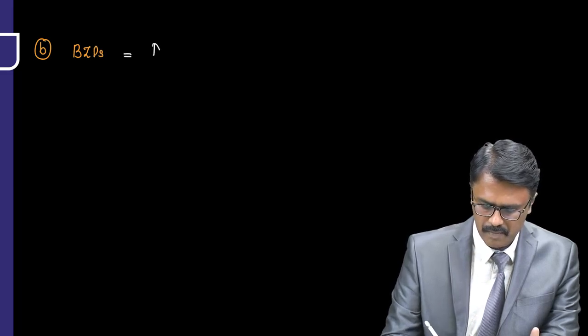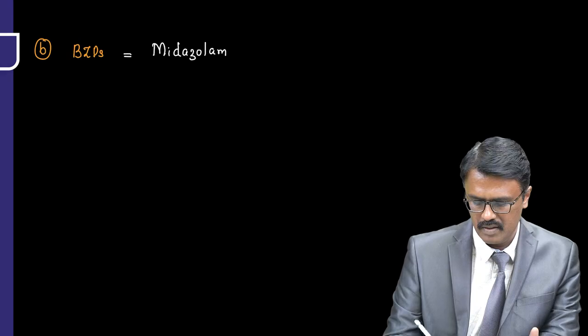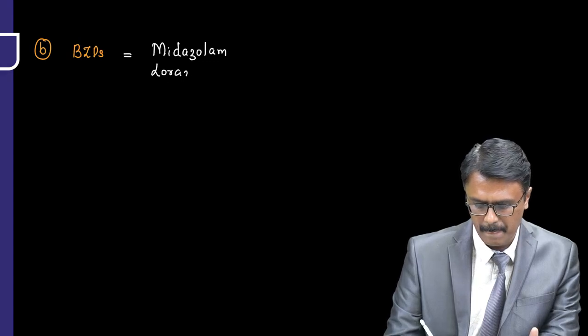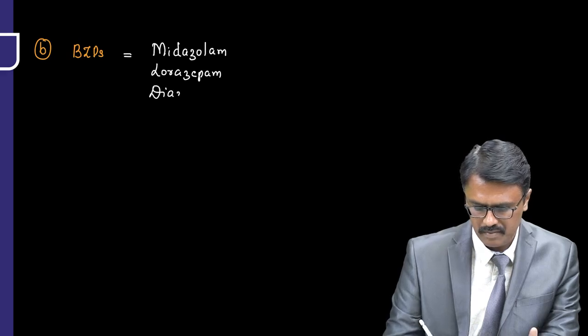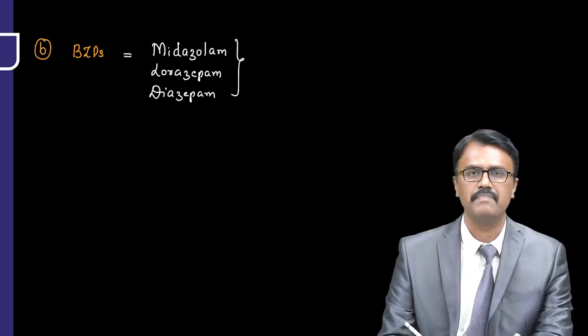Now moving on to the second group of drugs we are going to discuss, benzodiazepines. Benzodiazepines which are commonly used are midazolam, then lorazepam, and diazepam. Now, what is the advantage of them in anesthesia?